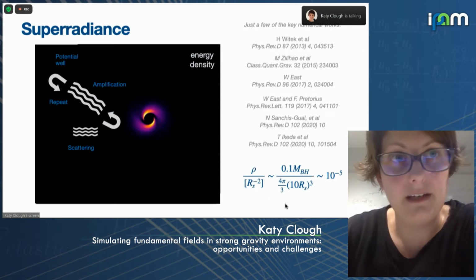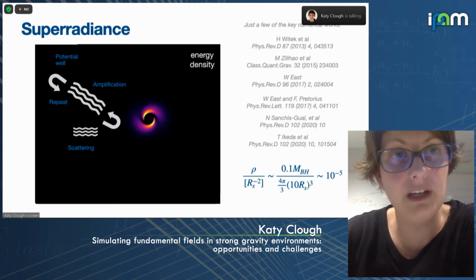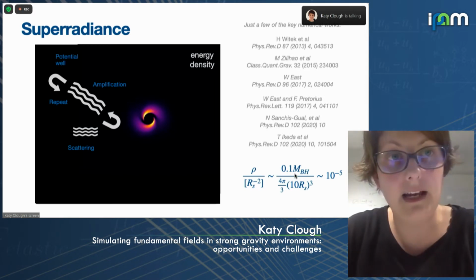Another interesting consequence of their work was to work out what kind of mass the cloud can achieve before saturation. And it's actually quite high. You can get of order 10% of the mass of the black hole in this superradiant cloud at the end of the process. And that's particularly interesting because it tells you something about the energy density that you can achieve in the cloud.